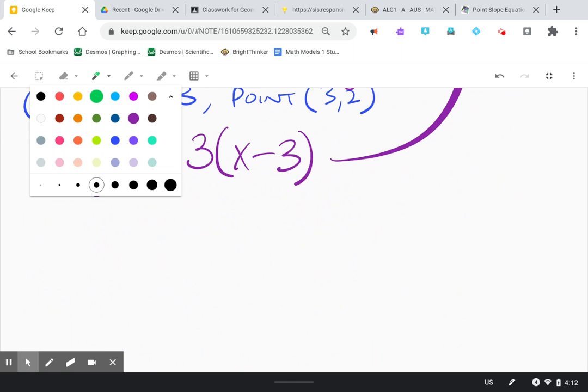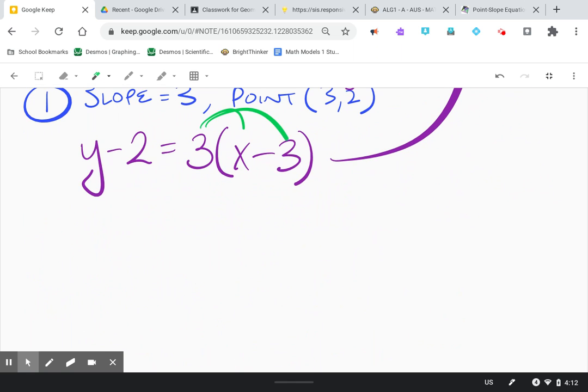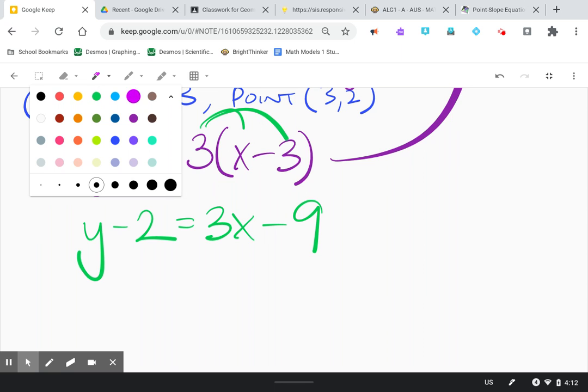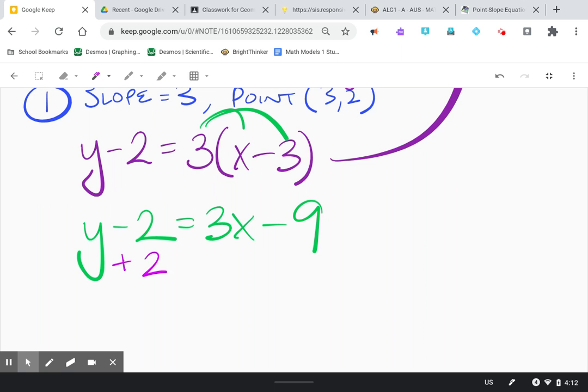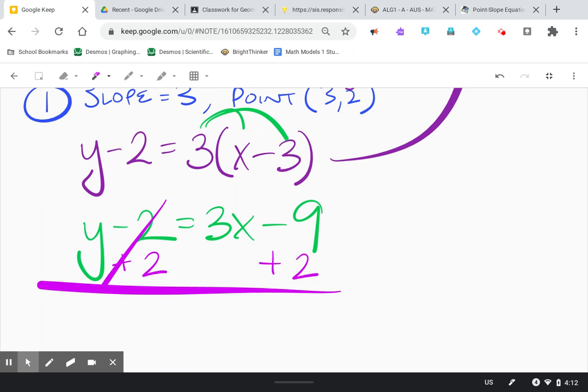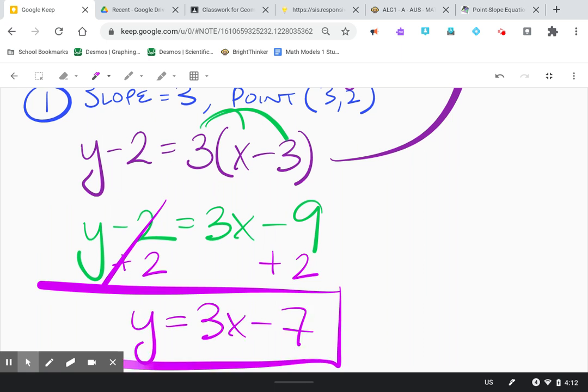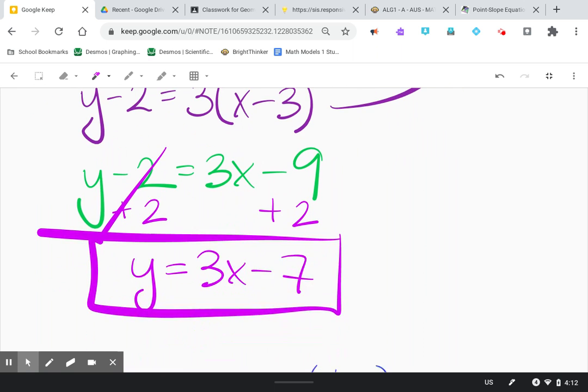All right, so to do that, I'm going to distribute this 3. y minus 2 equals 3x minus 9, because 3 times x is 3x, 3 times 3 is 9. And then lastly, I'm going to add 2 to both sides of the equation. That cancels out, giving me y equals, which is how I want it to look, 3x minus 7. And so we found our slope intercept form.